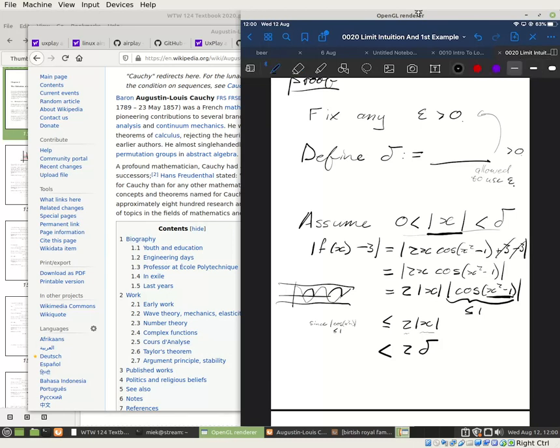By choosing our delta appropriately, we can get this expression to be less than epsilon. And we see here, if we choose our delta to be a half epsilon, what happens? This then becomes 2 times a half epsilon. The 2's cancel, which is equal to epsilon.